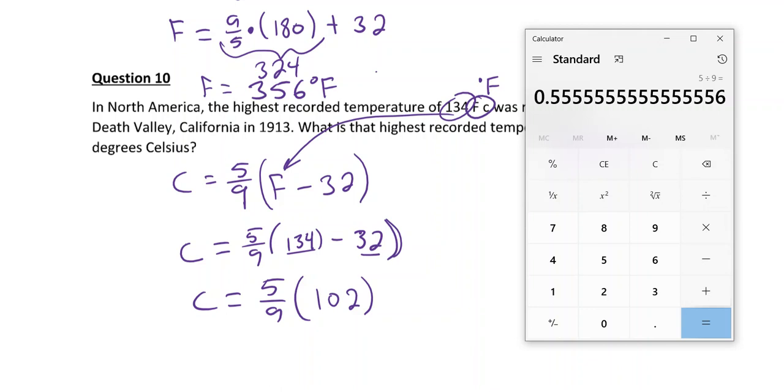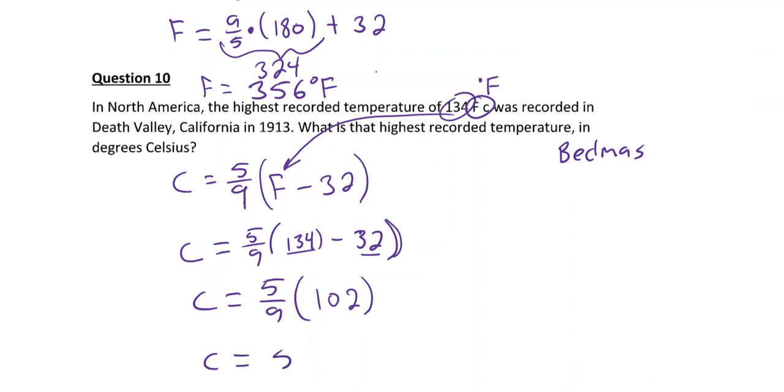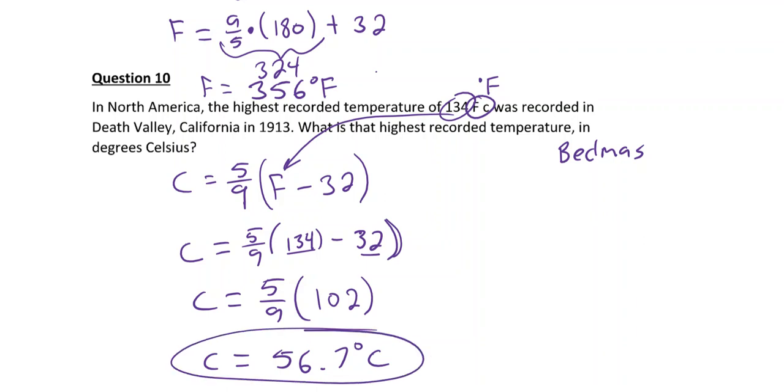It's already stored in there. It's good for me to use for the next one. So now I'm just going to go, okay, that number times 102 equals. So 56 point, and I'll round that up to 7. So C is equal to 56.7 degrees Celsius. That's hot.